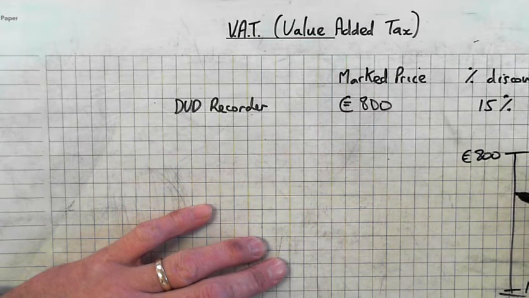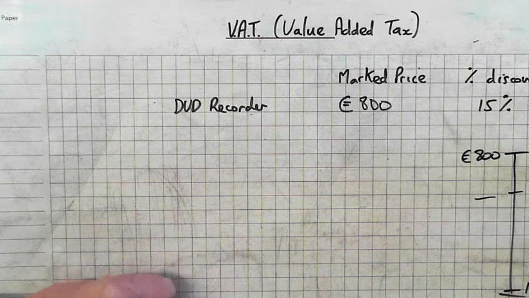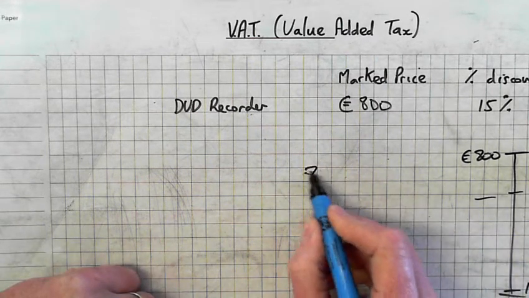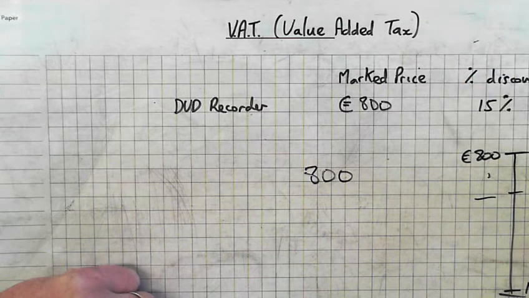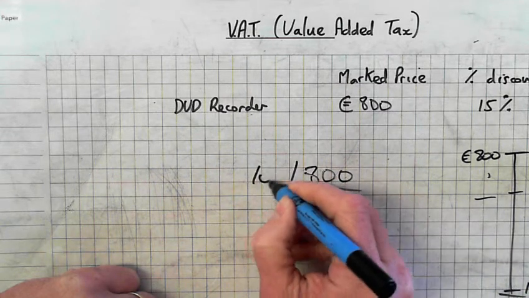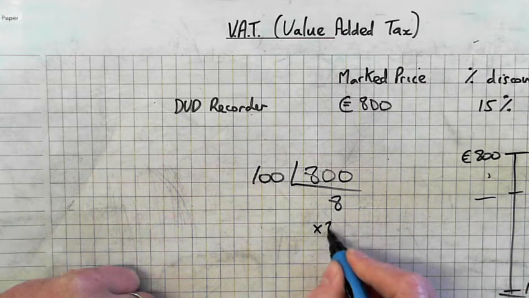If you take off 15, so 100 minus 15, so we have to find 85% of the price. So what's that? So we take 800. How do you get 1%? Divide by 100 to get 1%. And what do we multiply to get 85%? Times 85.